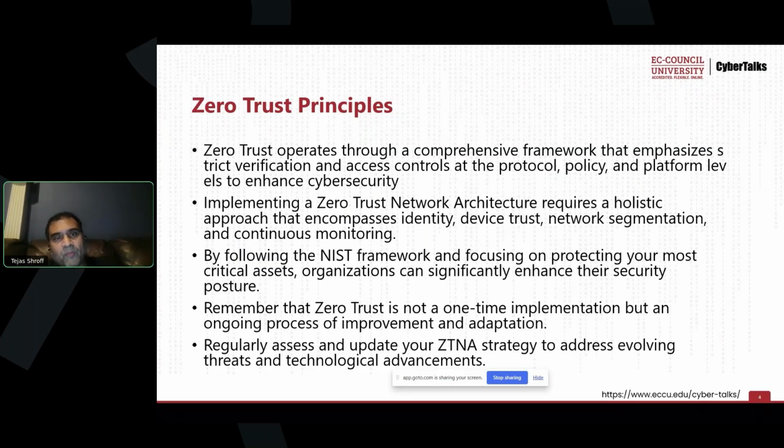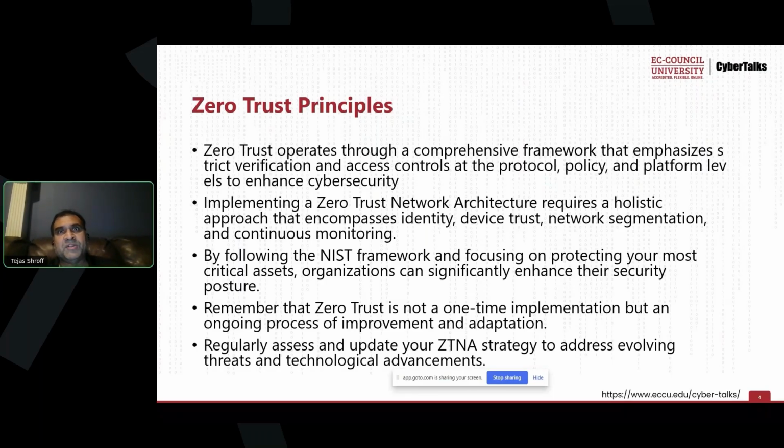So, as I mentioned, zero trust network architecture requires a holistic approach. You have to encompass your identity, your device trust, and your network segmentation.